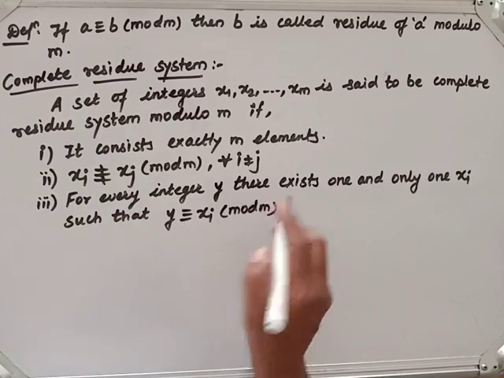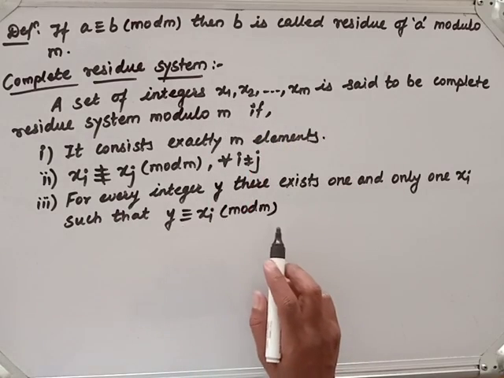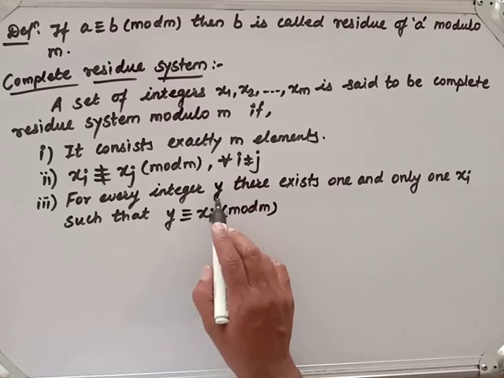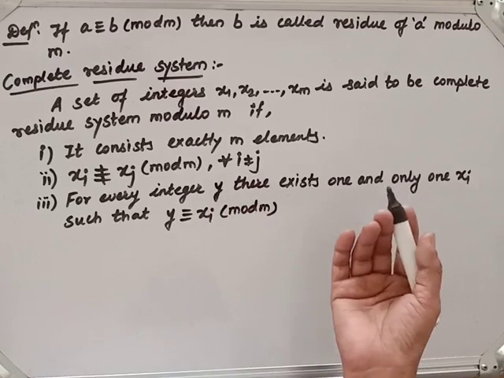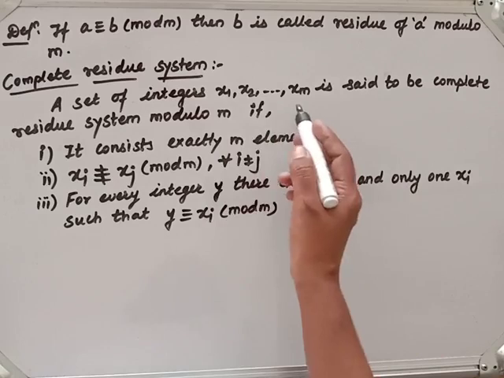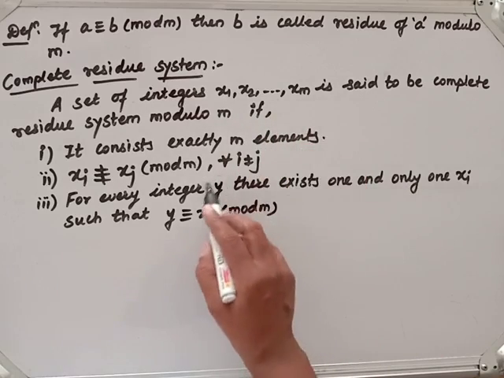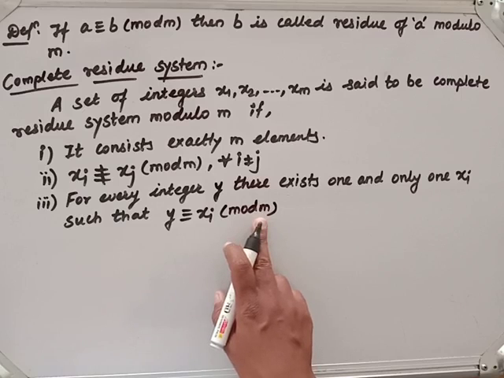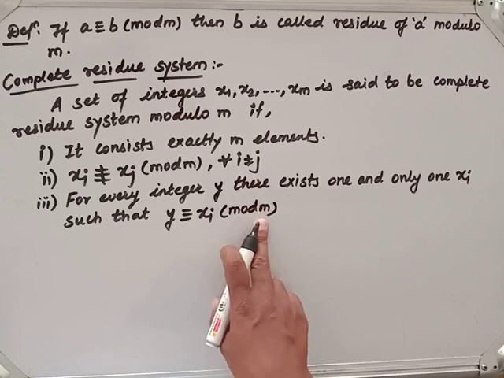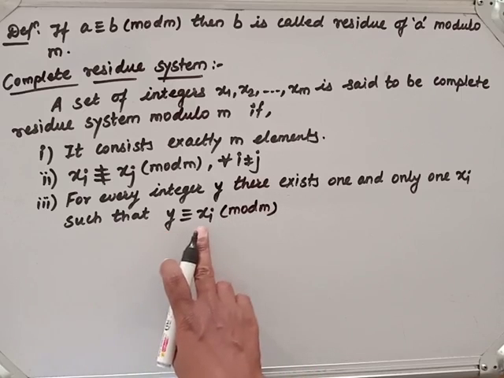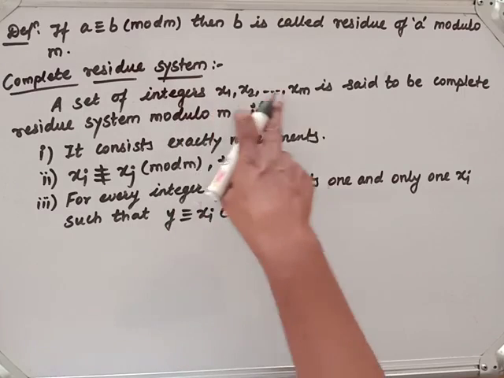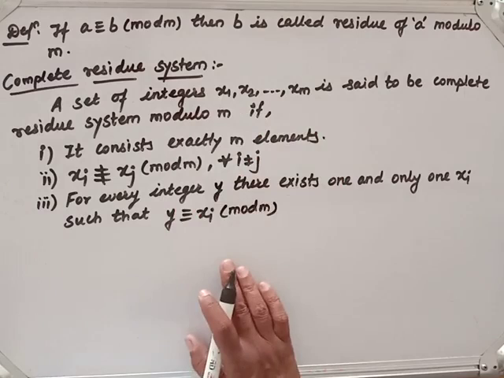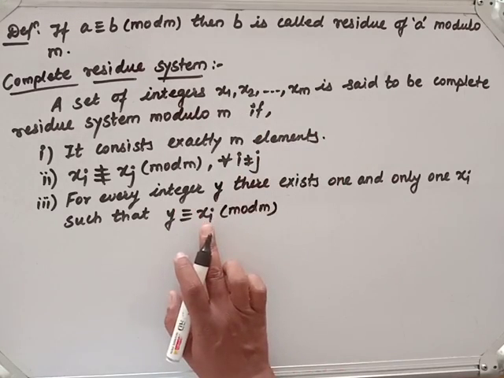Means what? Now these are some integers, m integers are given to us. Now this y we will take as some other integer excluding these ones. When we divide y by m, the divisor will be m and the dividend will be y, and we get some residue, and that residue is nothing but one of these m numbers. That is this third condition.